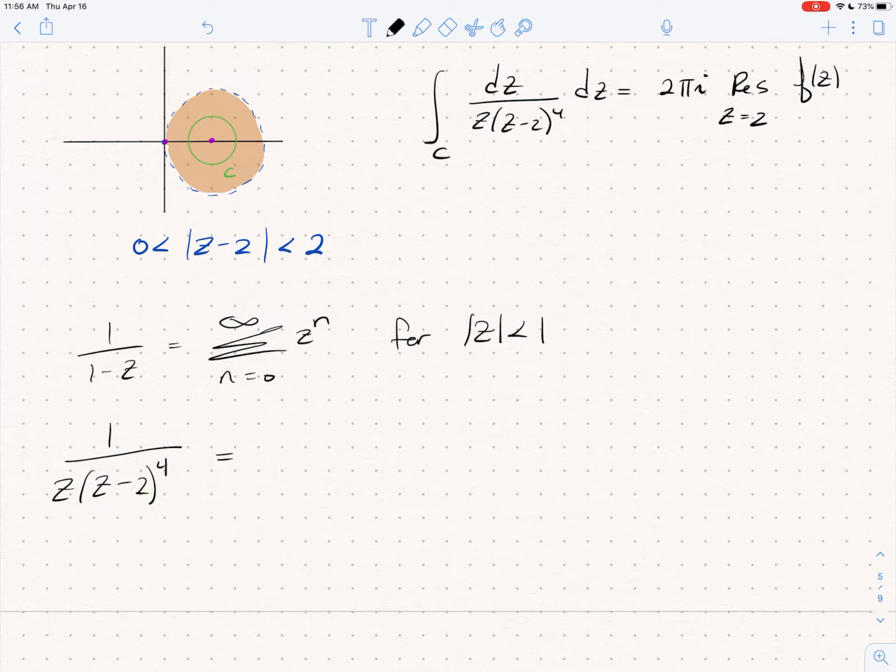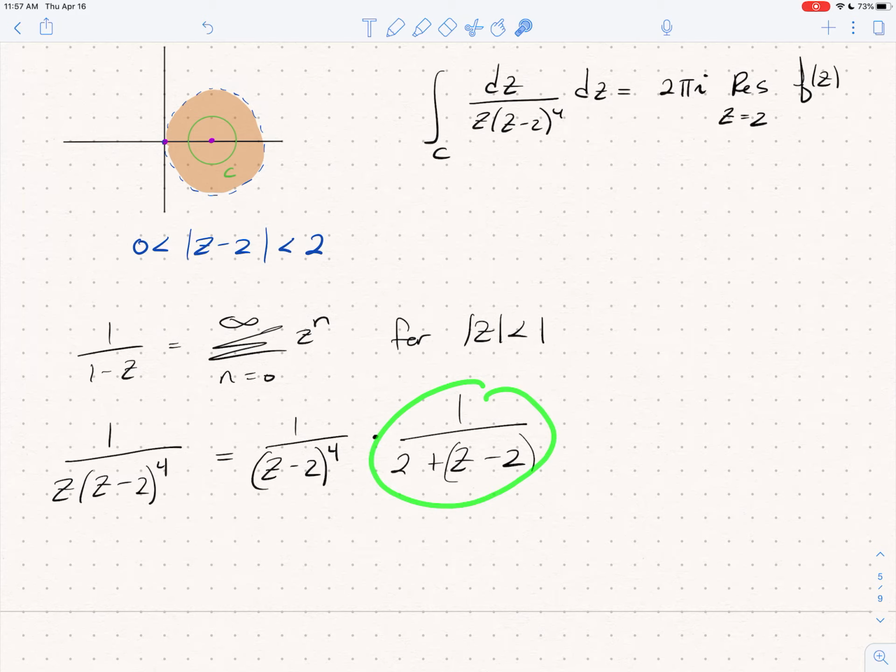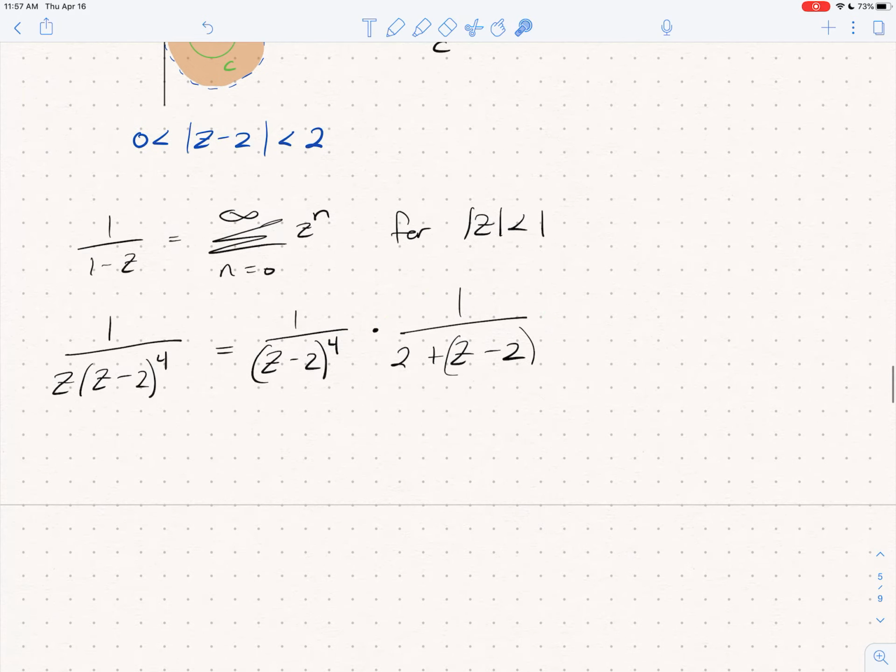It's this 1 over z that I've got to deal with. So I'm going to write this as 1 over (z minus 2) to the 4th, and then I'm going to say times 1 over 2 plus (z minus 2). And if you notice, that's just 1 over z. I haven't really changed anything. And now I say, okay, to make use of the geometric series, I need a 1 sitting here.